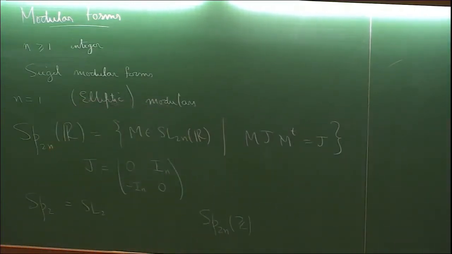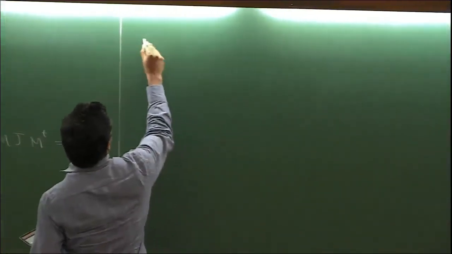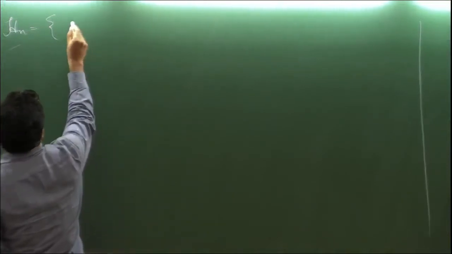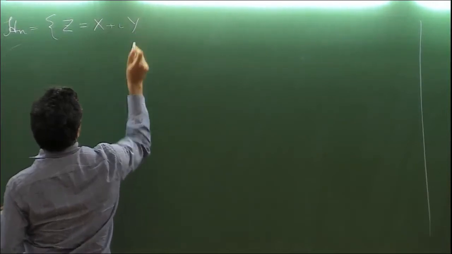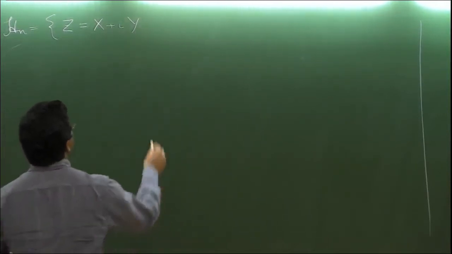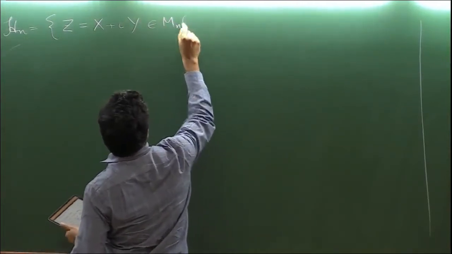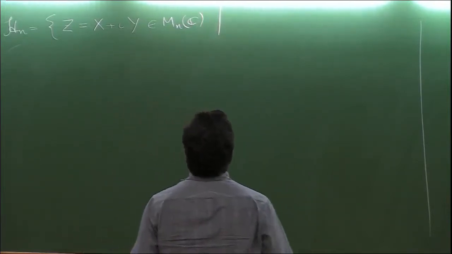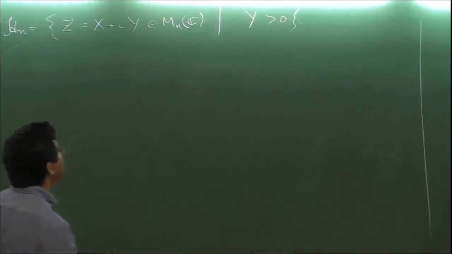Okay, so this is just a subgroup of Sp_2n(R), and then I want the Siegel upper half plane, which is a complex matrix Z, which I will write as X plus iY, so real part and imaginary part, such that Y, which is the imaginary part of Z, is positive definite.